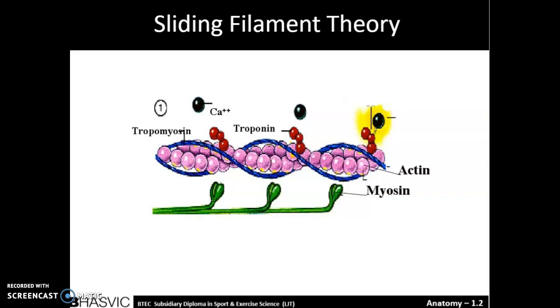As this happens, the myosin heads split the ATP and they basically become more energized and powered. This means that the myosin heads can bind to actin, forming cross bridges. The myosin heads can move around and rotate towards the center of the sarcomere, and as the myosin heads bind ATP, the cross bridge detaches from actin as a result.